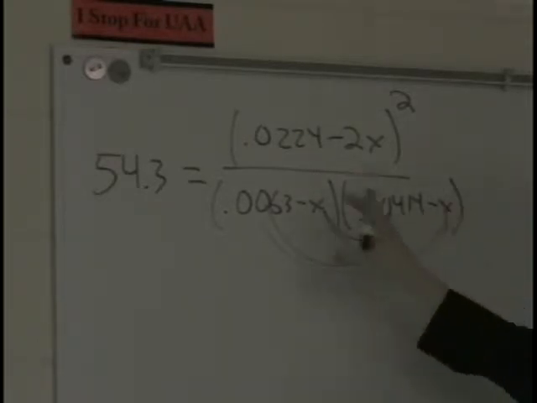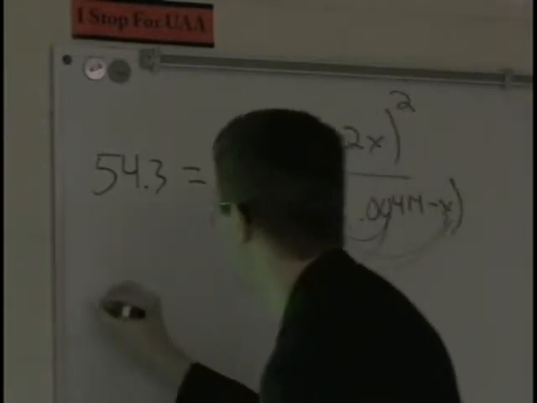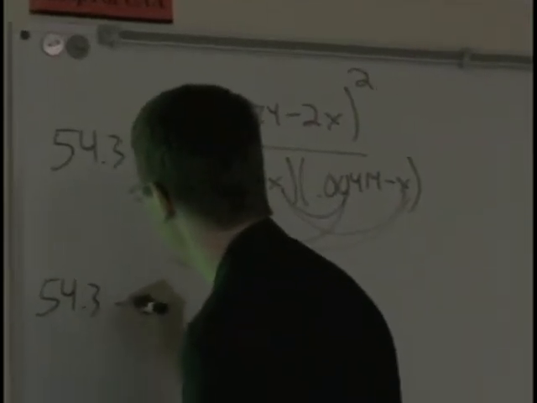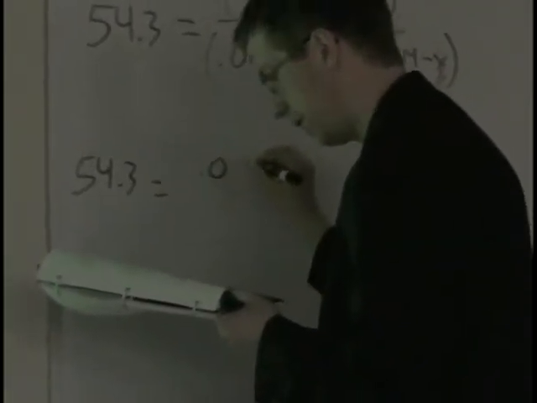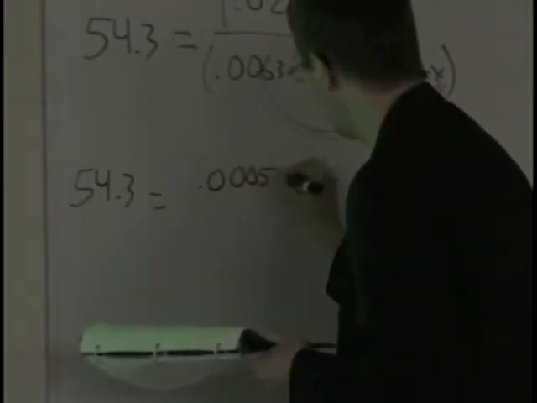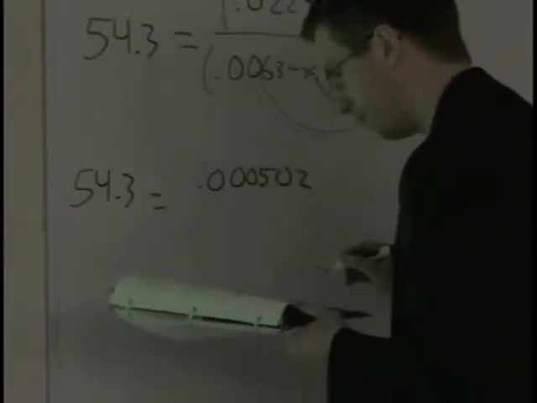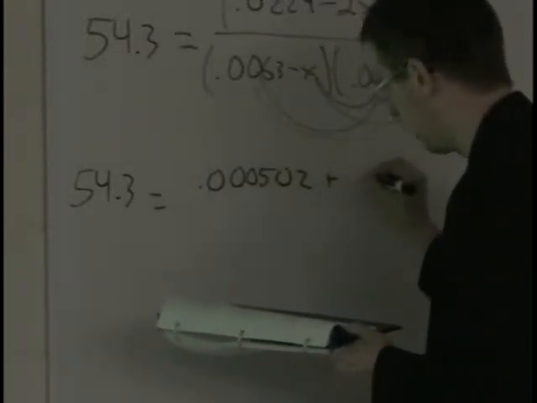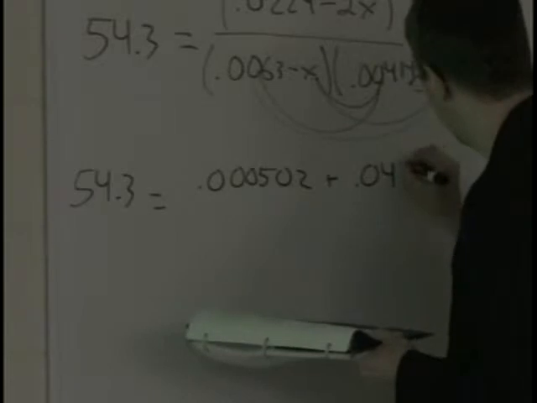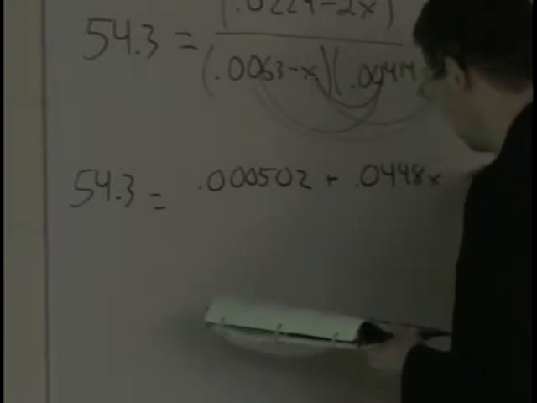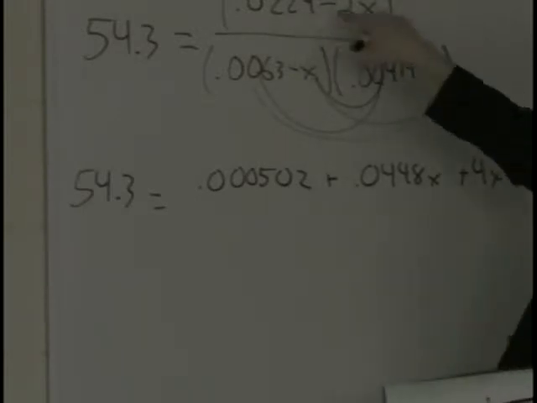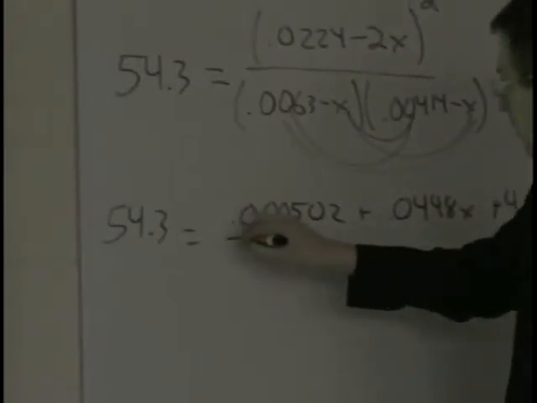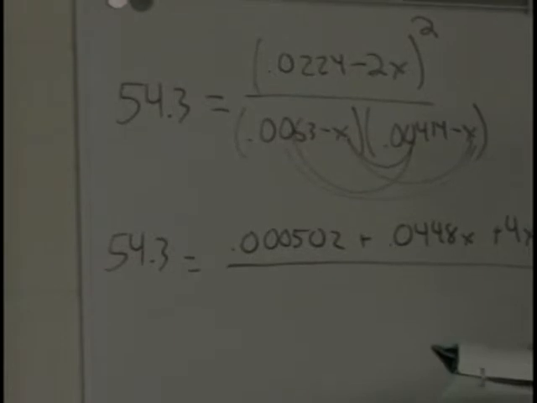Step number one is multiplying all this out. So I have 54.3 equals, and then I figured out to be 0.000502 plus 0.0448x plus 4x squared. So I just made my value squared and took it all out there.